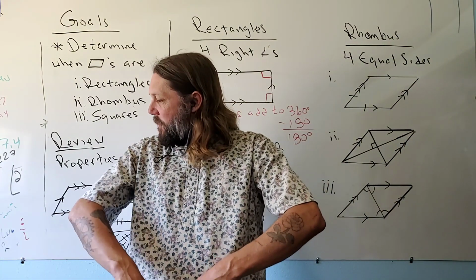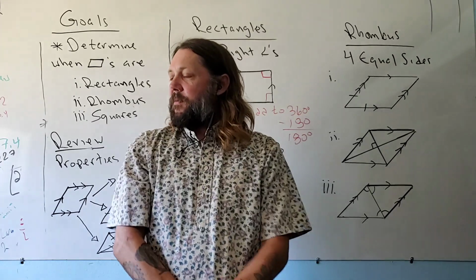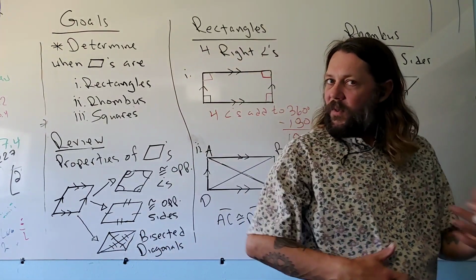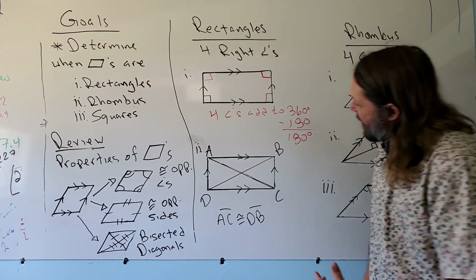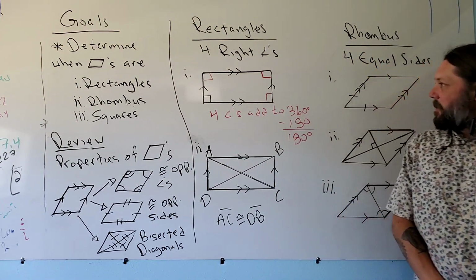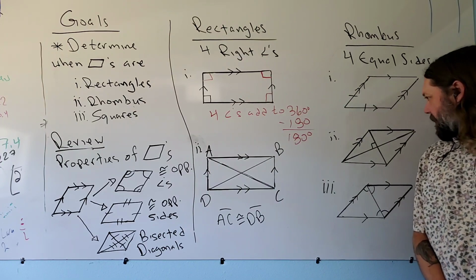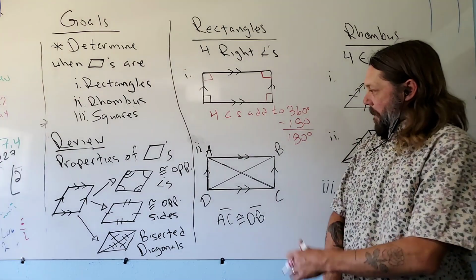So again, I'm trying to get to a point that I can say this shape has 4 right angles. And if I can do that, then I've argued that the starting characteristic that I have is good enough to say that that parallelogram is unique enough to be a rectangle, right?